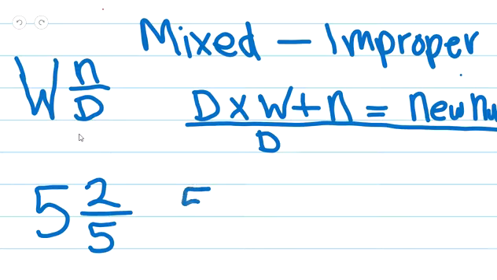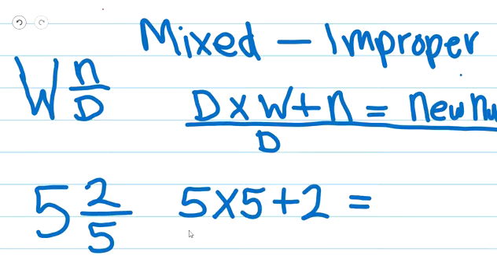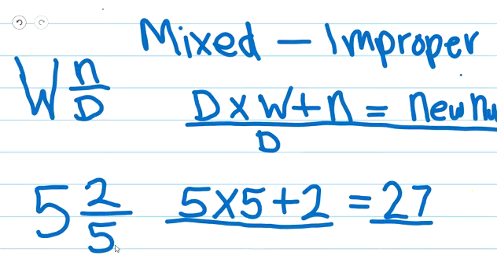We have 5 times 5 plus 2. 5 times 5 is 25, 25 plus 2 is 27. So the numerator is going to be 27. The denominator, as you can see, stays the same. The denominator is 5. So the answer would be 27/5.